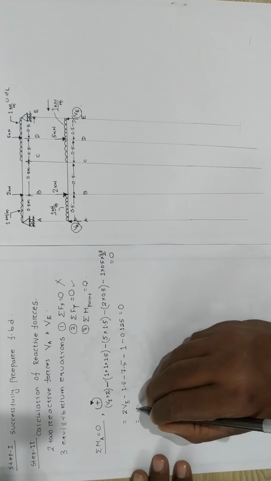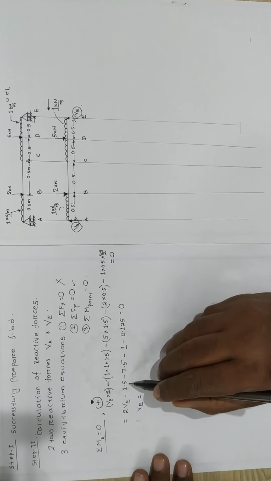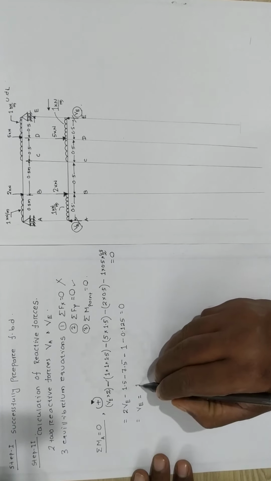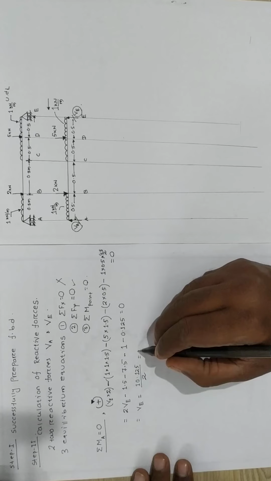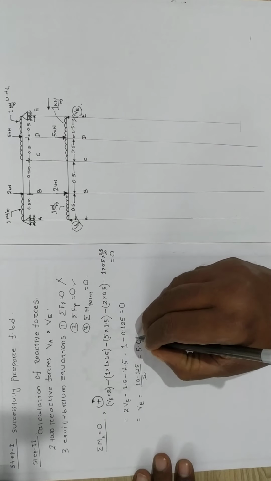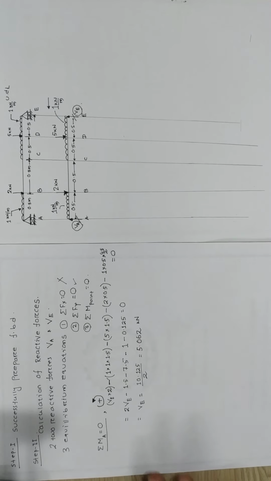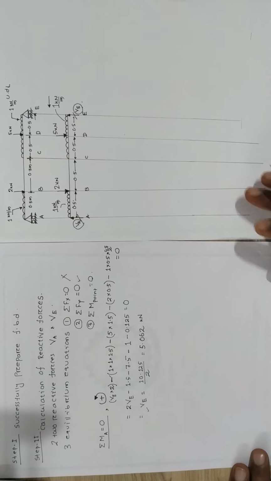So VE will be 9 plus 1, 10, 10.125. 10.125 divided by 2, so this will be 5.062 kilonewton. Okay.